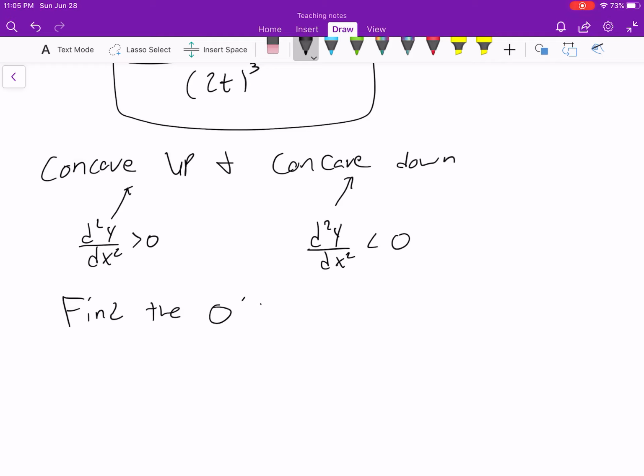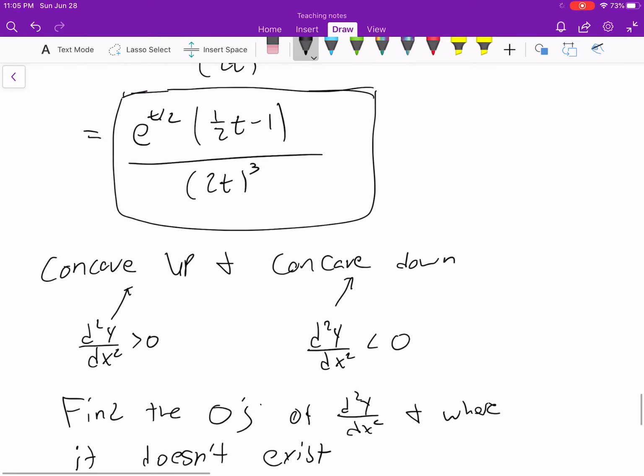So find the zeros of d squared y dx squared and where it doesn't exist. So most people found one or the other. So if I look at this, notice that it does not exist at t equals 0. And it has a 0 when the numerator is equal to 0.